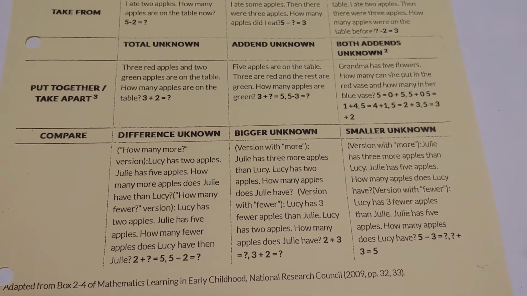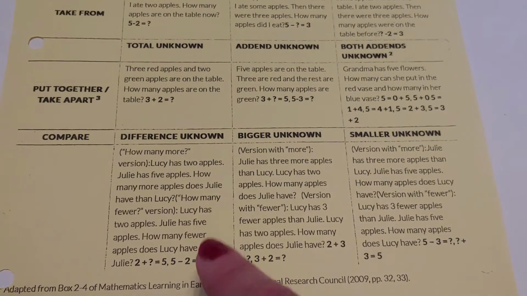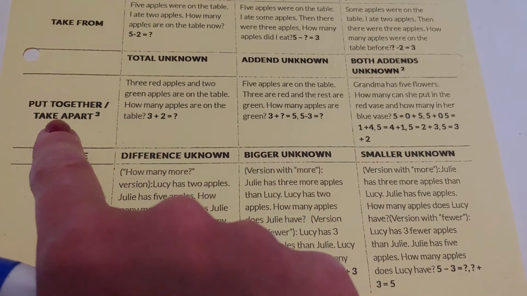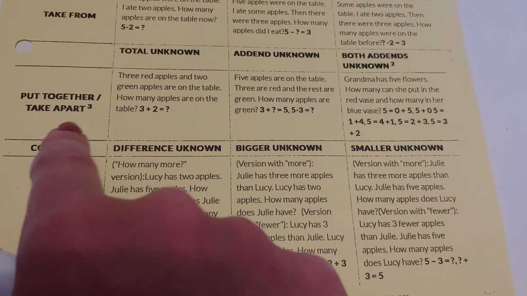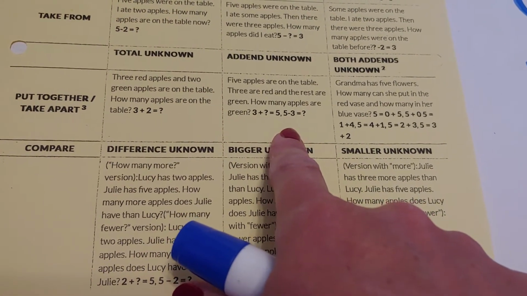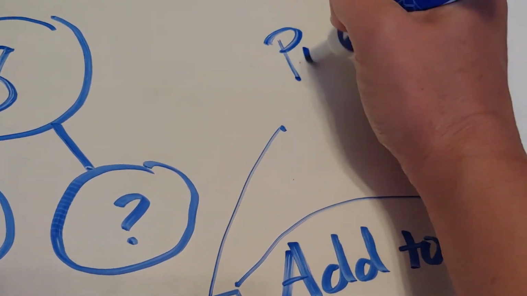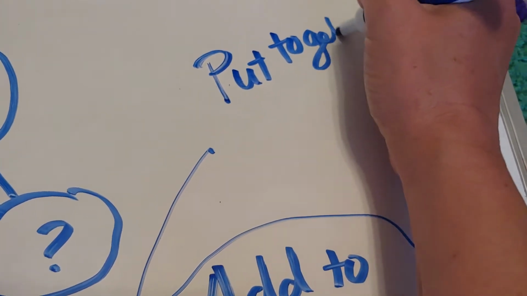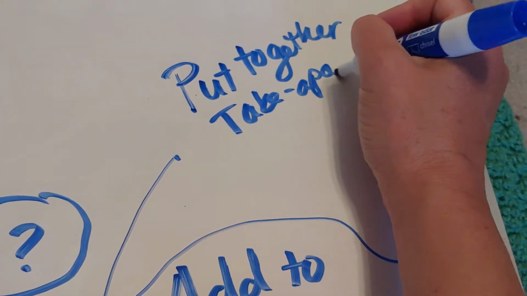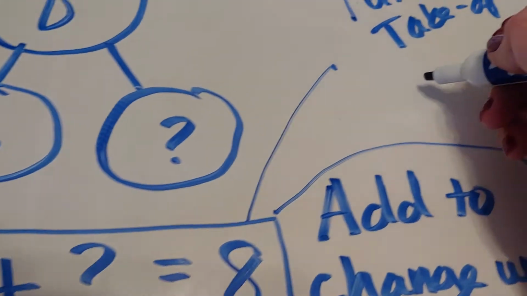This word problem we've been playing with is chicks and chickens, which are 2 similar yet different things, just like red apples and green apples. Then technically, we could also say that this is a put together, take apart, and you'll see that it is this guy right here. So we could also have put together, take apart, and the column it's matching is addend unknown.